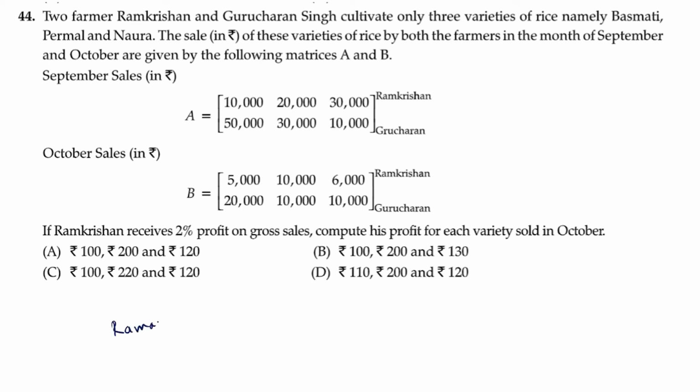So Ramakrishnan's profit is given by 2 by 100 into 5,000, then 2 by 100 into 10,000, and 2 by 100 into 6,000.